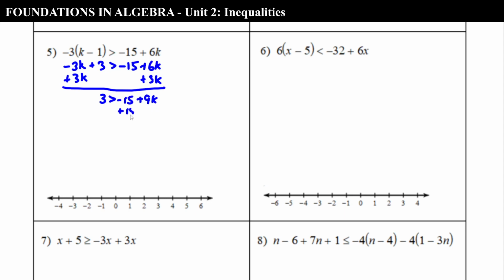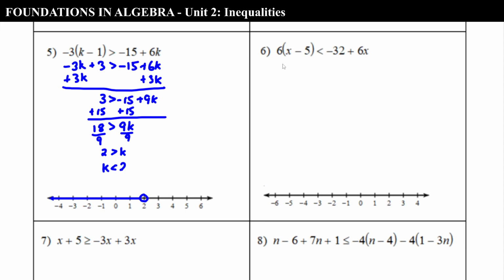Let's add 15 to each side. And that gives us 18 is greater than 9k. Divide by 9, and you get 2 is greater than k, but we have to flip the whole thing, so k is less than 2. So we have an open dot at 2, and we are going to shade to the left. And in this case, we do have just one solution.